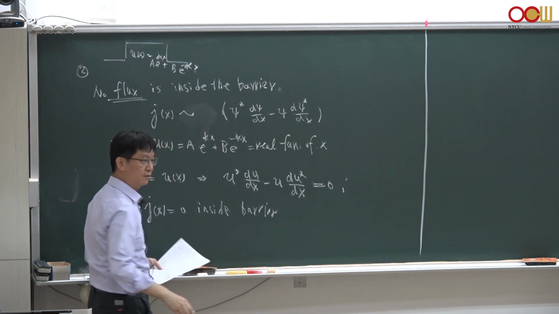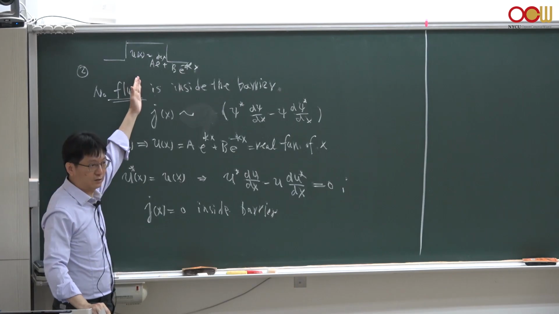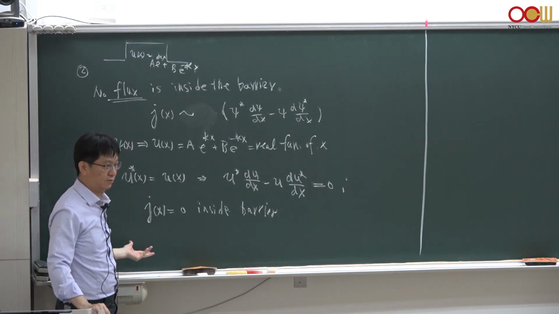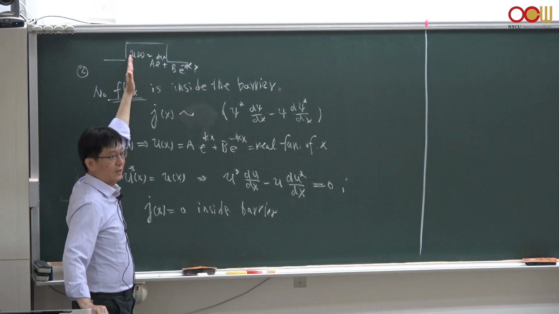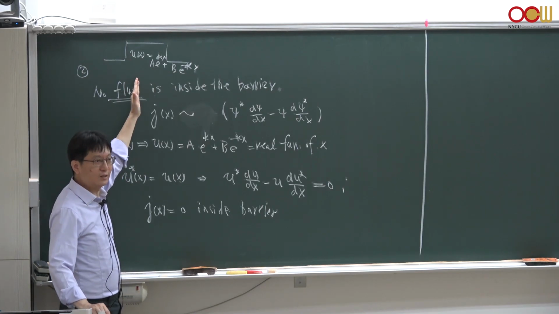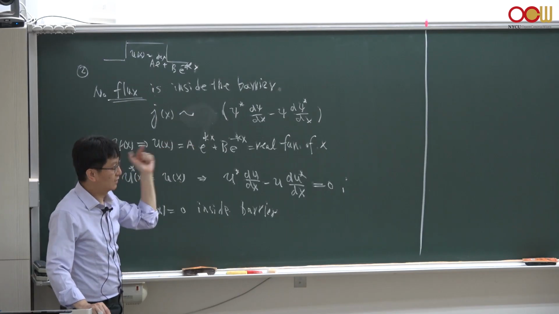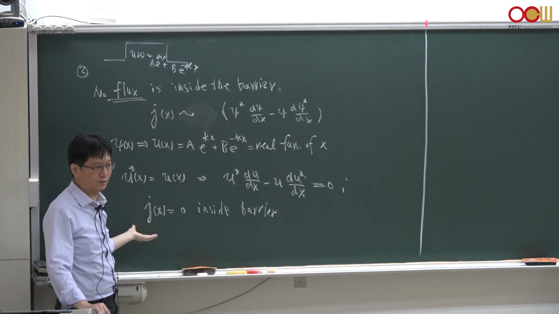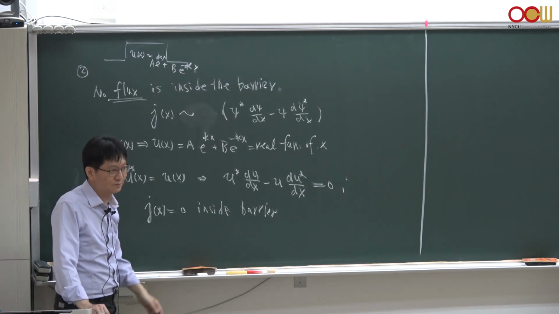So what does it tell us? Well, this tells us that if you really want to detect the particle, at least you cannot tell from measuring the flux. Okay, if you put a detector inside the barrier and just look whether this particle actually penetrates through this area where you count this flux, you will be disappointed because there's no flux.